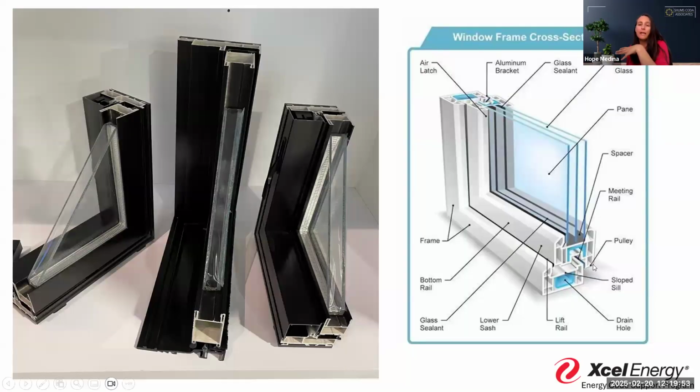So if we notice on the right-hand side, here's a very detailed breakdown of what a glazing would entail. We've got the sash, we've got the glass, we've got spacers, illustrating where all of these components fit into this calculation.